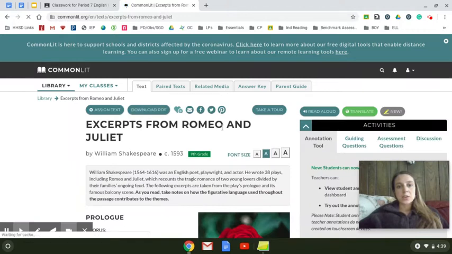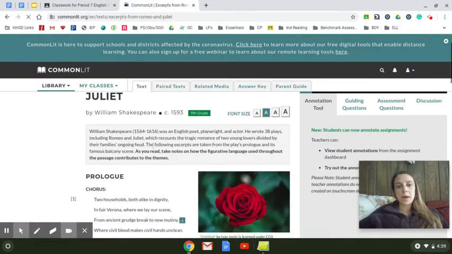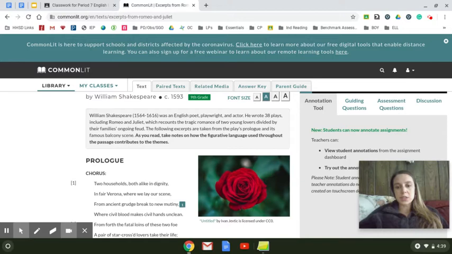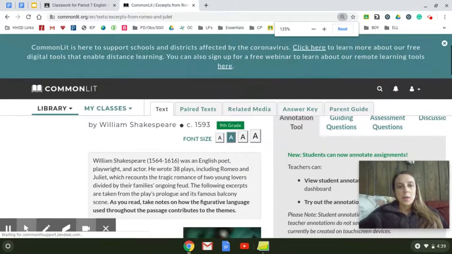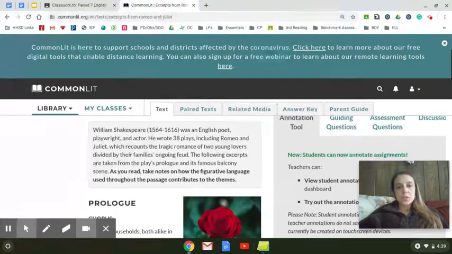Okay, so on CommonLit, when you log in, you're going to see this assignment for my class, which is excerpts from Romeo and Juliet. I want to read the directions because it's important. William Shakespeare, 1564 to 1616, was an English poet, playwright, and actor. He wrote 38 plays, including Romeo and Juliet, which recounts the tragic romance of two young lovers divided by their families' ongoing feud.